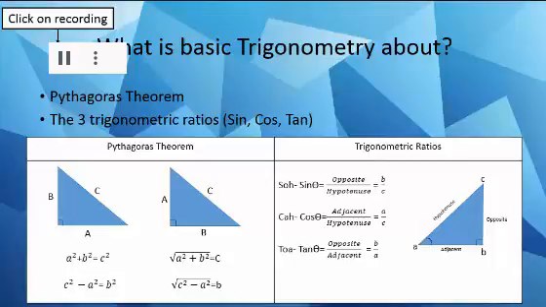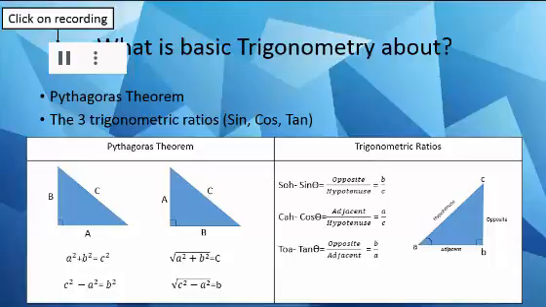Right, now moving back on to the 3 main trigonometric ratios, sine, cosine and tangent. To remember these, you guys probably already know this, SOH CAH TOA. Now, SOH, the S stands for sine, and the O and the H is opposite over hypotenuse.